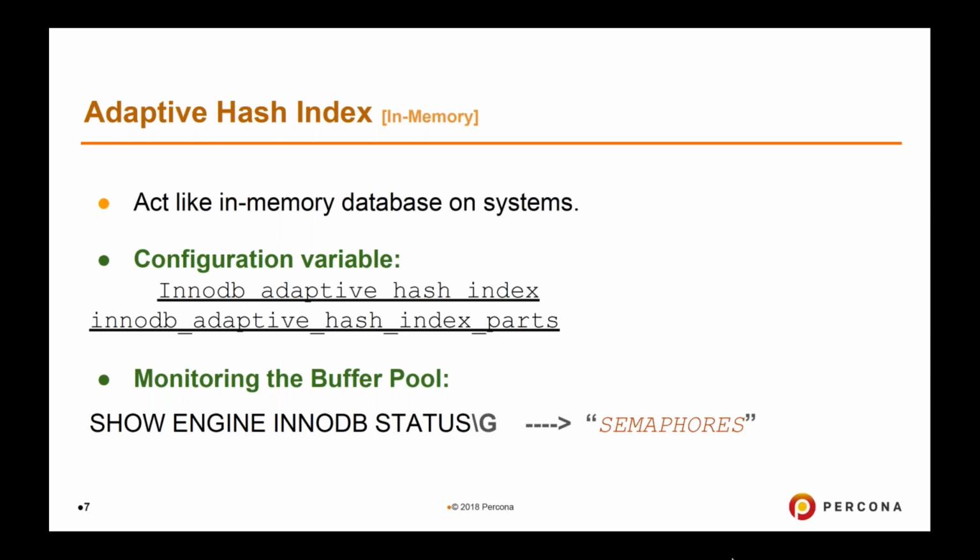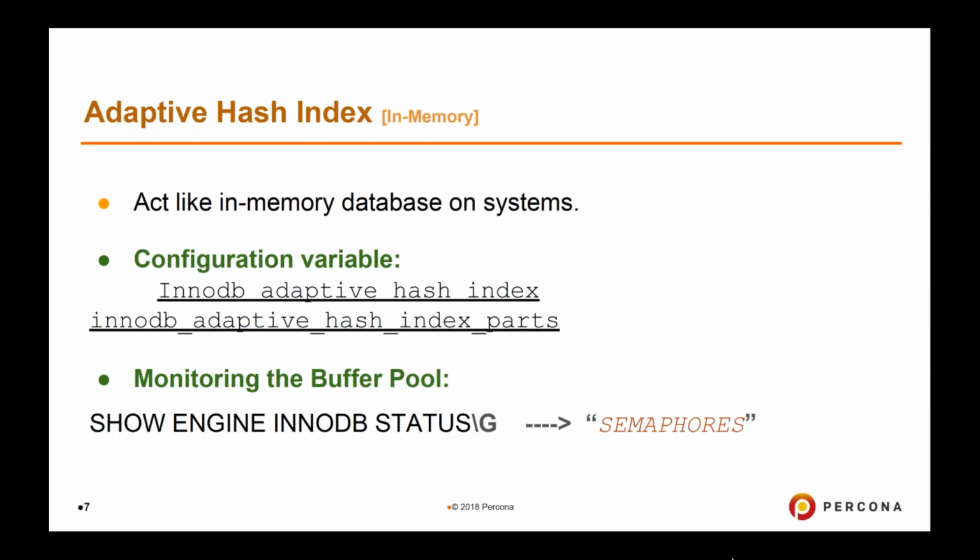If you're seeing a lot of semaphore wait, a lot of transactions waiting for read-write latch, it is caused by the type of workload on your database. It is not able to handle concurrent transactions efficiently, and it's creating multiple hash indexes. So it's kind of a burden on your MySQL.